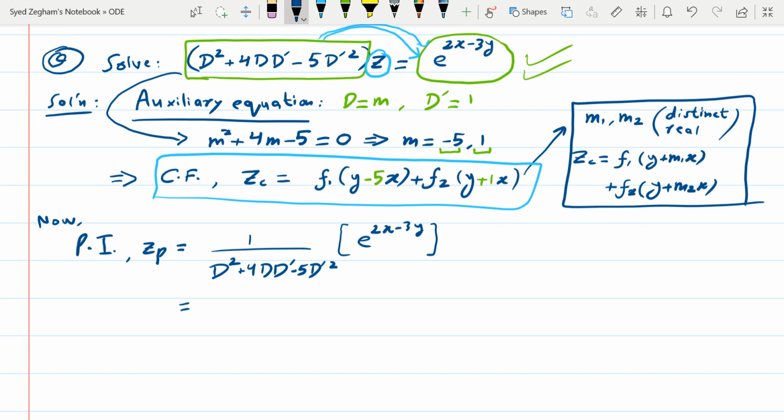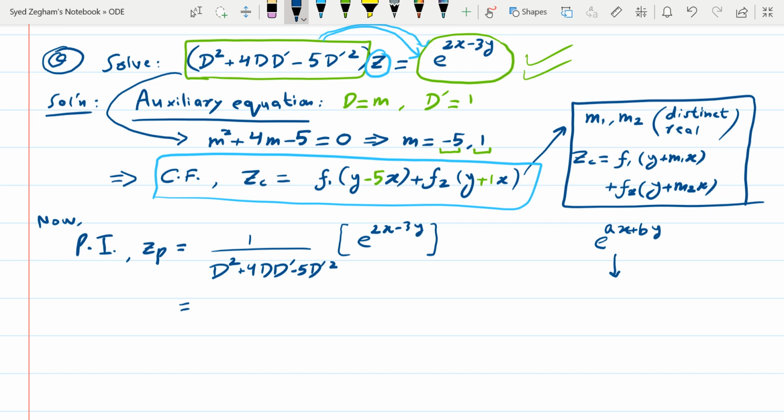Now I will write the technique here. The technique to be used when you have the right side in this form, e to the power 2x minus 3y. Your right side is in the form of e to the power some constant a x plus some constant b y.